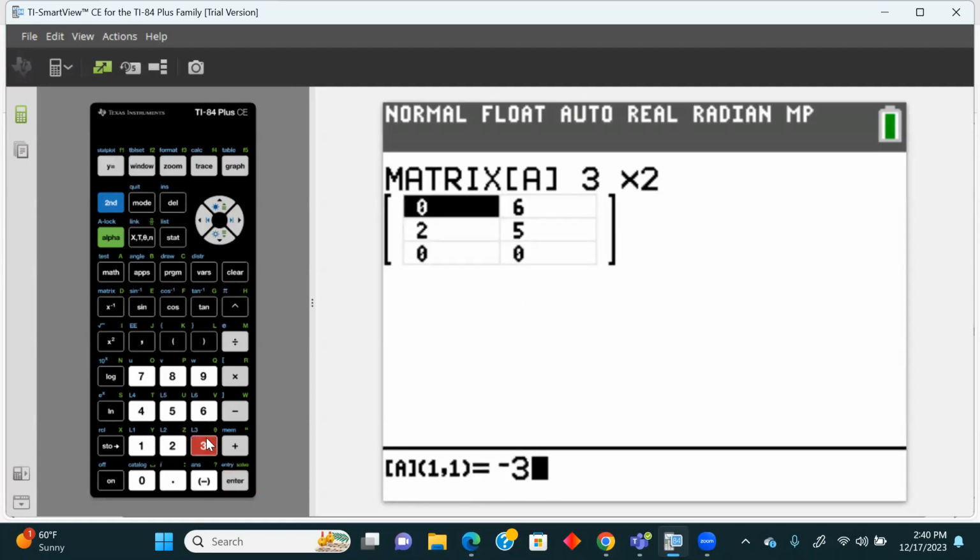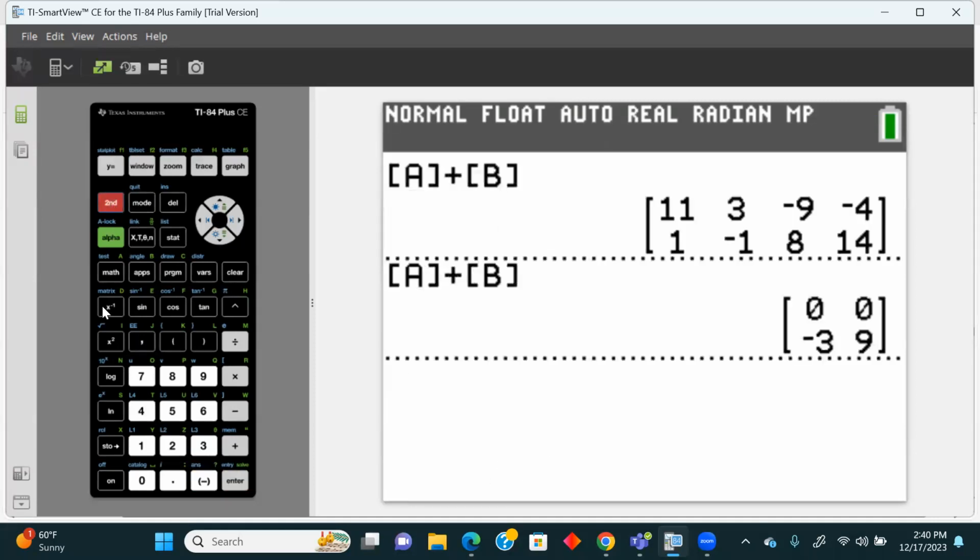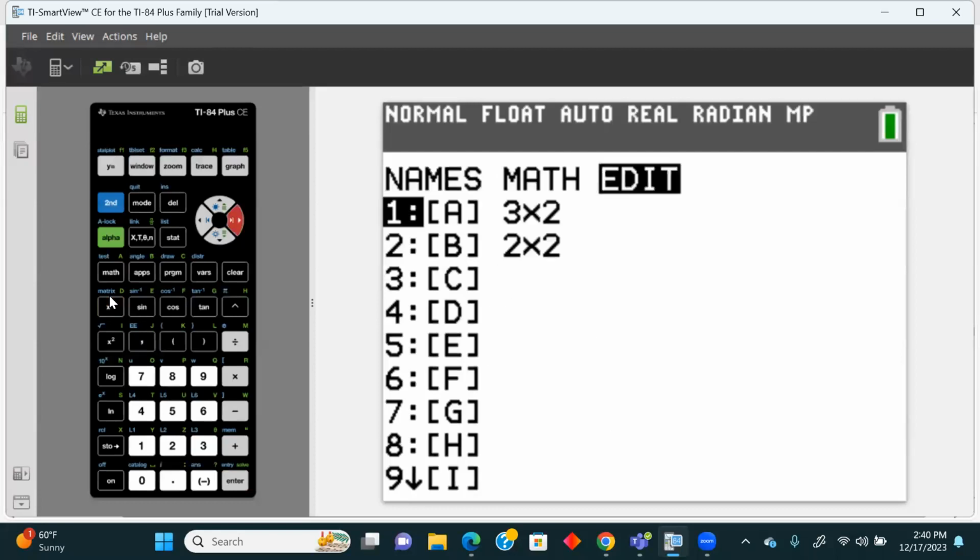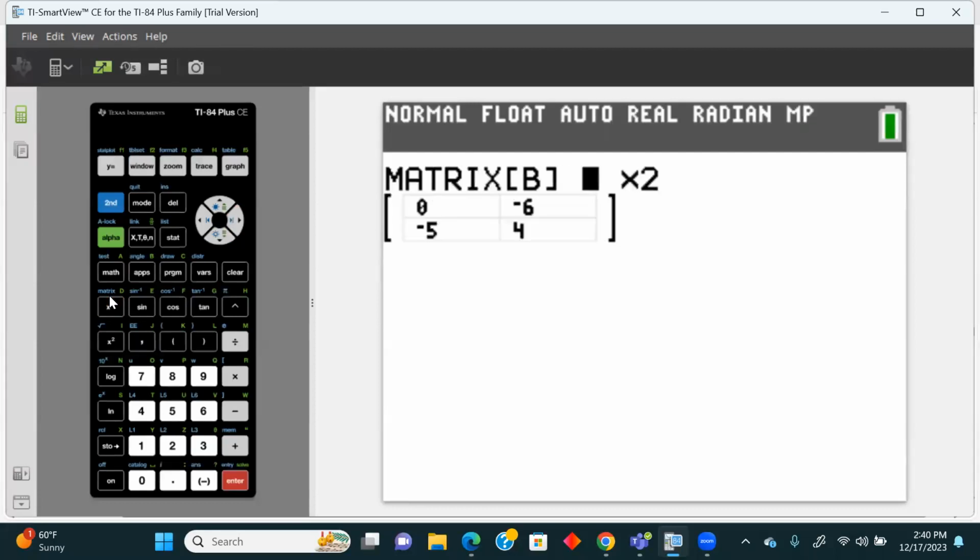And I'm going to reuse A and B. This one, that's a 2 by 3.